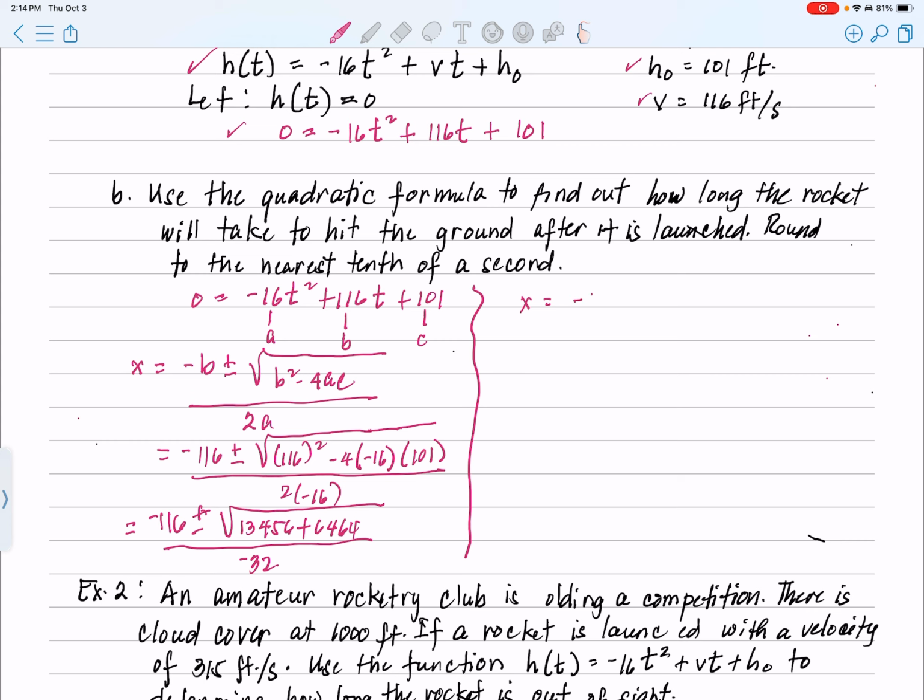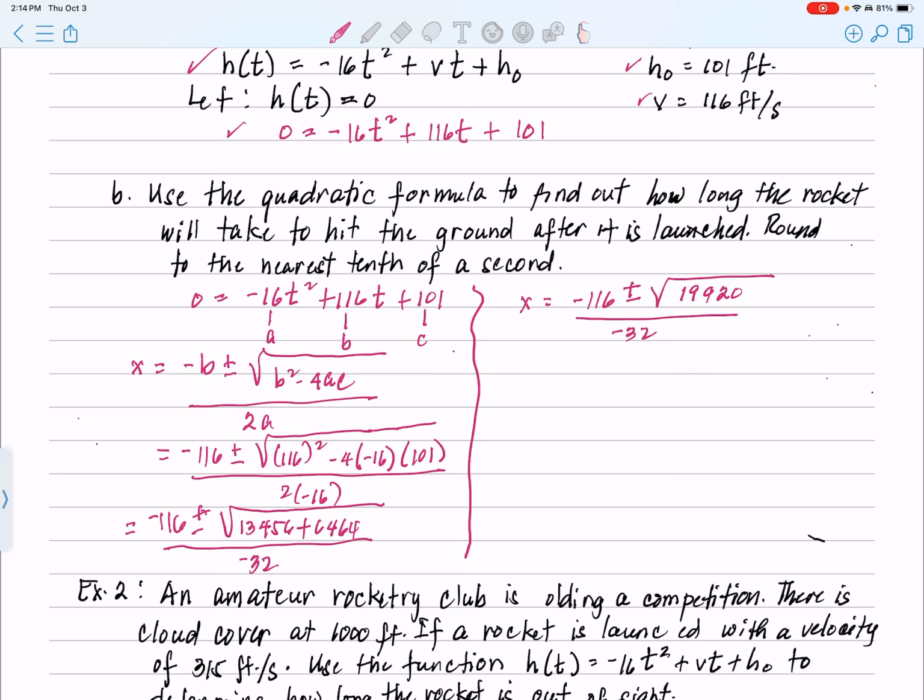Negative 116 plus minus, so we're going to add 13,456 plus 6,464, that is 19,920, over negative 32.